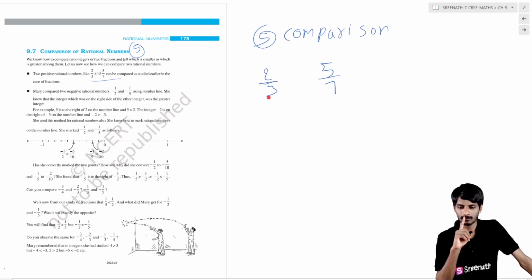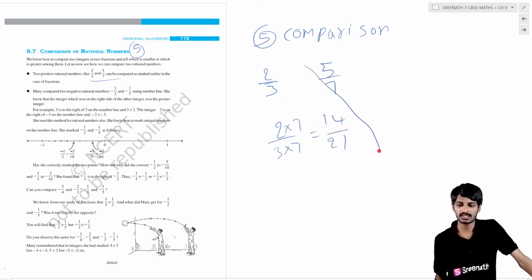So what can we do? Simply multiplying with suitable numbers, we get the same denominator. Suppose you multiply 2 by 3 with 7 on both sides, then what will the value be? 7 2s are 14, 7 3s are 21. And for the other number, if you multiply with 3 on both sides, what is the number? 5 3s are 15, 7 3s are 21.